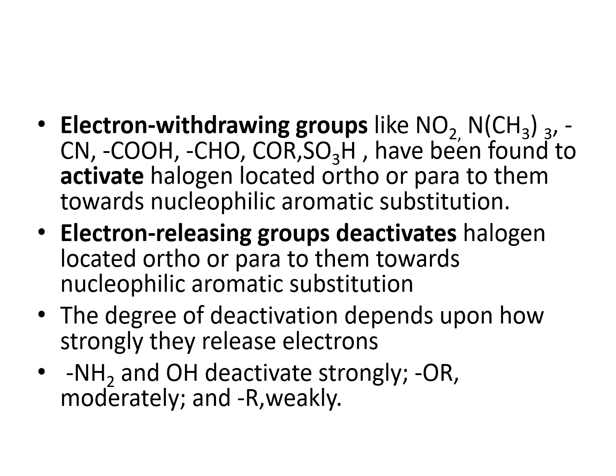But in nucleophilic aromatic substitution reaction, electron withdrawing groups are activating groups. And the degree of deactivation depends on how strongly they release electrons. In the case of electron releasing groups, NH2 and OH group deactivate strongly. OR group deactivates moderately. The alkyl groups deactivate weakly.